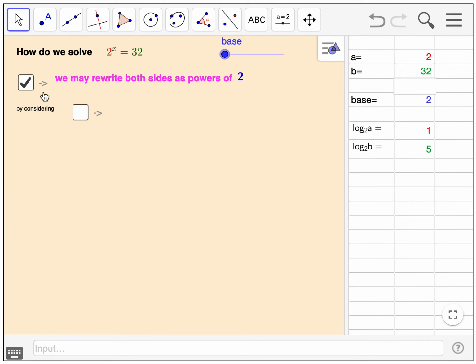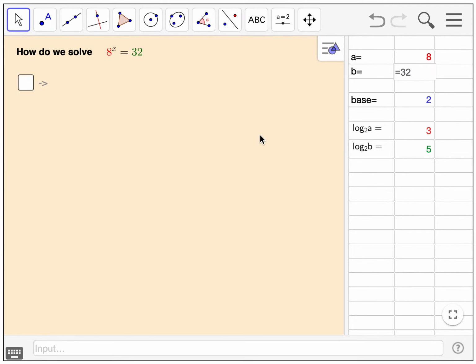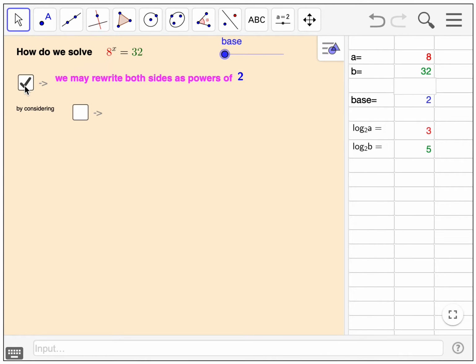Now, of course, this is only the basic one. If you go on to some calculations like this, x to the power x equals 32 is still workable. Of course, remember that we don't mean x times x equals 32 here. We're talking about x raised to the power x becoming 32. Now we can still ask the basic question: can we express both sides in terms of powers of the same base?